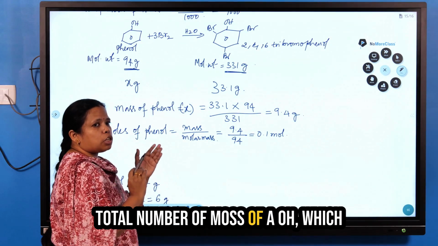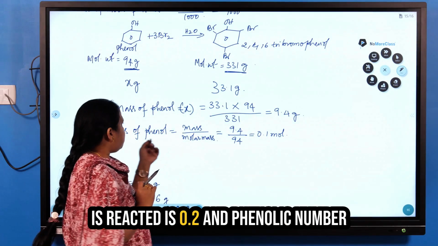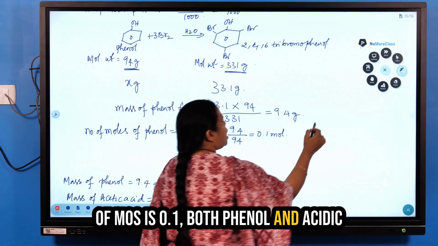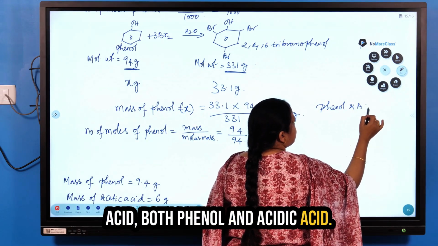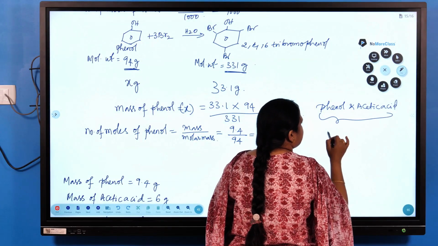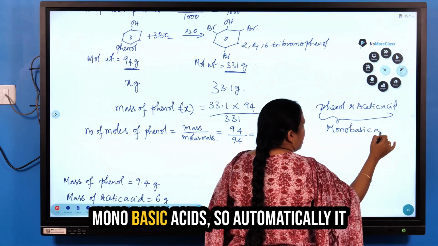The total number of moles of NaOH which reacted is 0.2, and the number of moles of phenol is 0.1. Both phenol and acetic acid are monobasic acids.